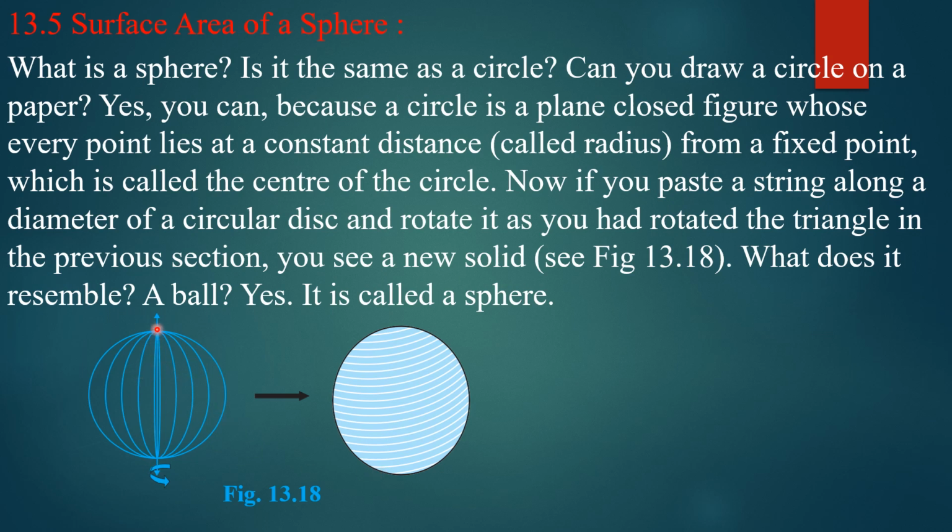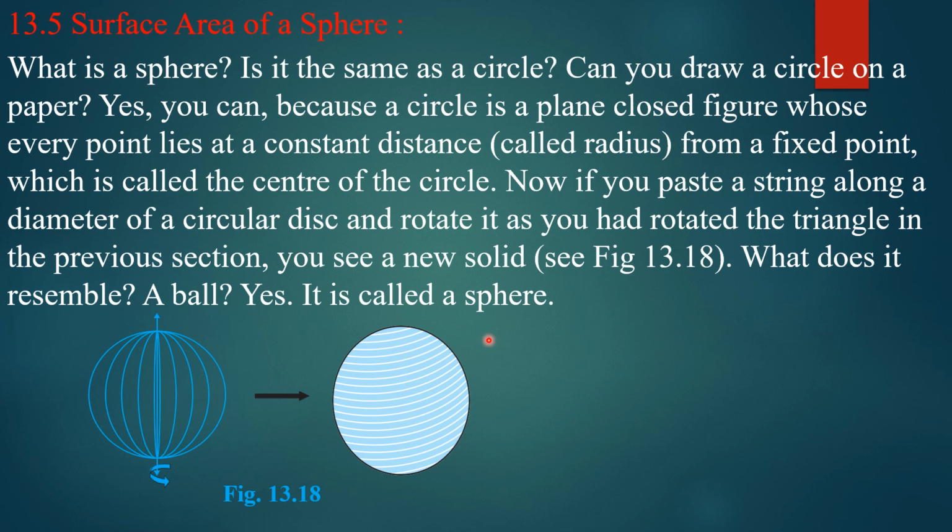For a circular disc, we have pasted a string and we rotated it as we had rotated a triangle in the previous section. We got a right circular cone. Now, if you observe this one, it looks like a ball. Yes, it is called a sphere.